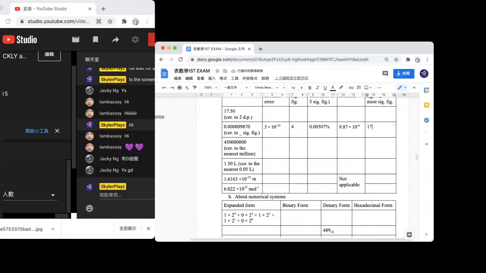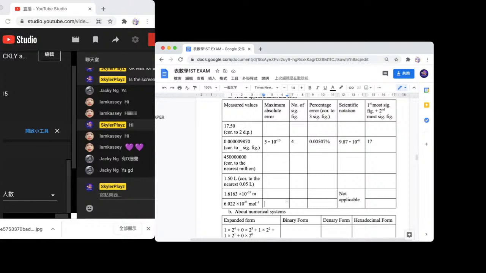Okay, and we will do the final row here. Percentage error is just 5 times 10 to the power of 22, yes. Number of sig fig, 0.0224. Percentage error, we just do 6.022, and then it is 0.5 times 10 to the power of 23.